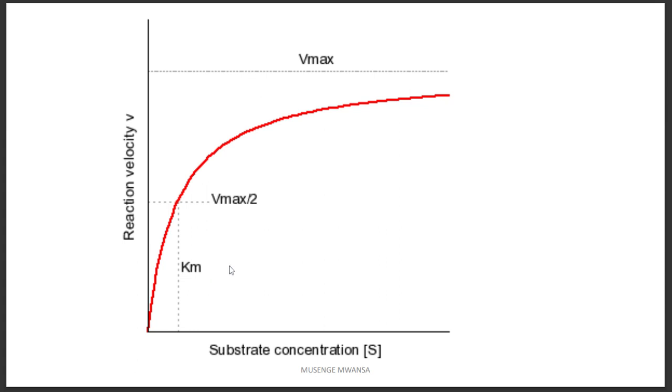I'm going to talk about it as we go on, just within a few minutes. So this is Km, the concentration of the substrate when you have got half of the maximum velocity. So Km is simply the concentration of the substrate when we have reached half of the maximum velocity.